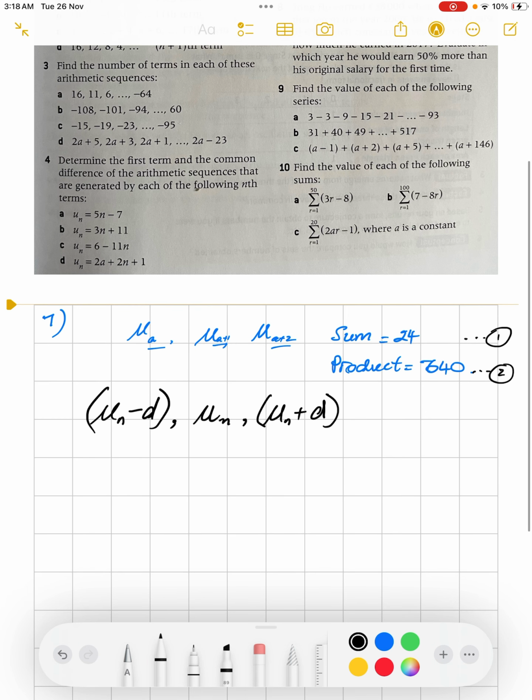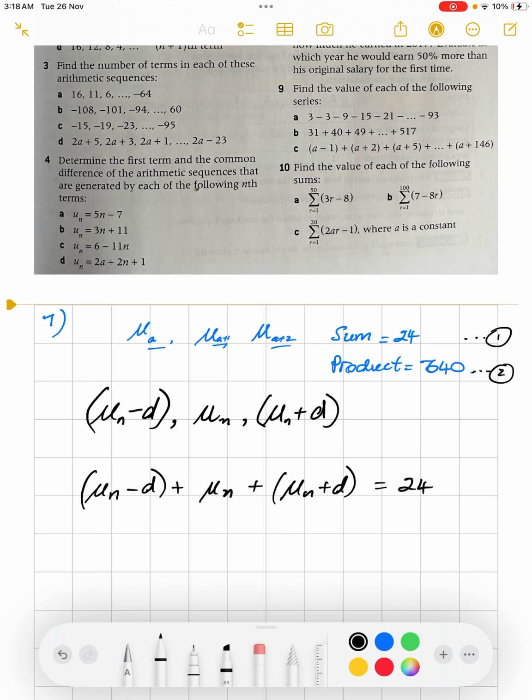So let's do that. First, equation 1: when you add that term plus that term plus that term, we get 24. You can see that there's three lots of u n, and that's why we select this option.